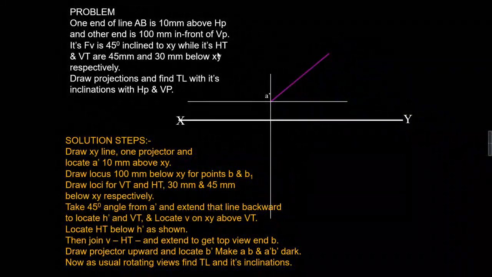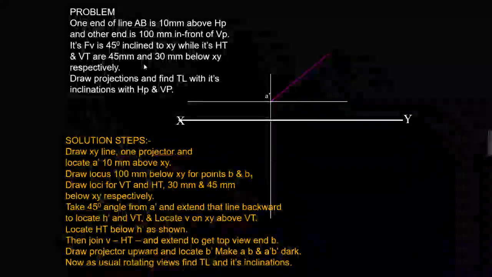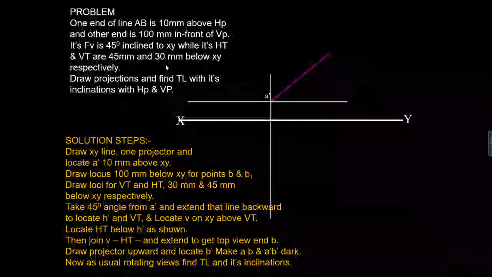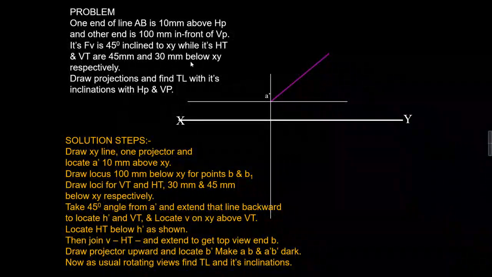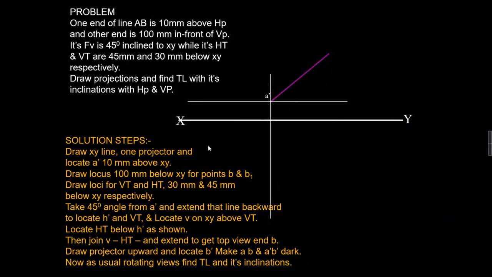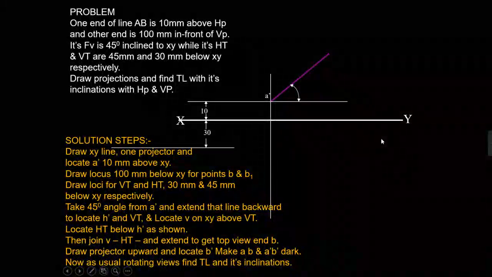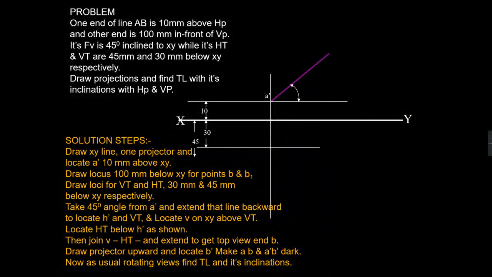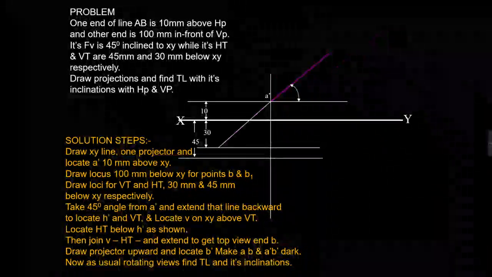After that, it is given that the horizontal trace and vertical trace are 40 mm, 45 mm and 30 mm below the XY line. So we can draw a horizontal line at 30 mm below the XY line and 45 mm below the XY line.